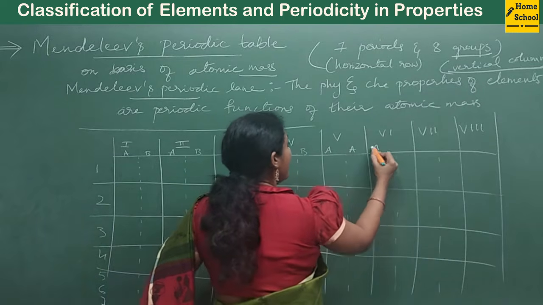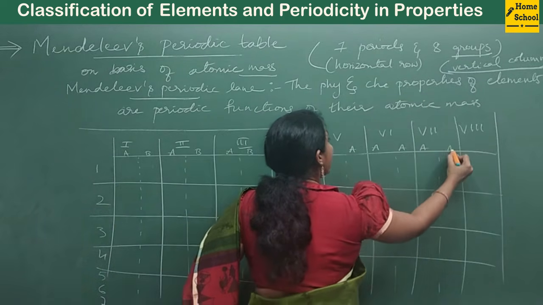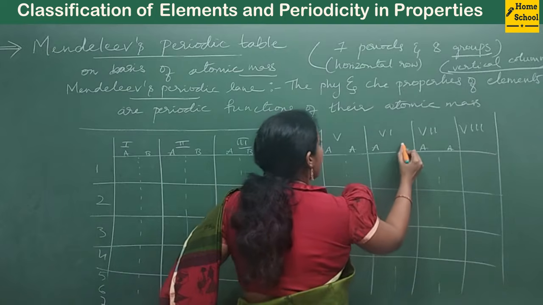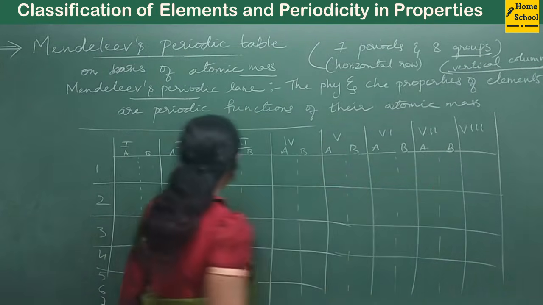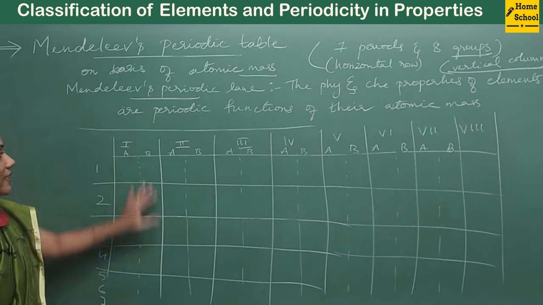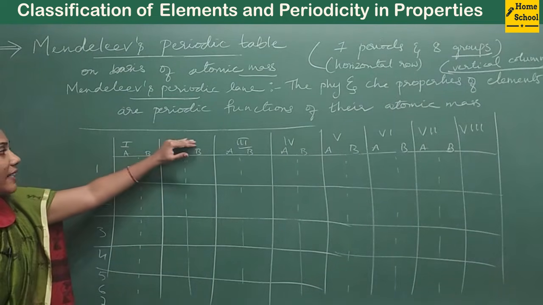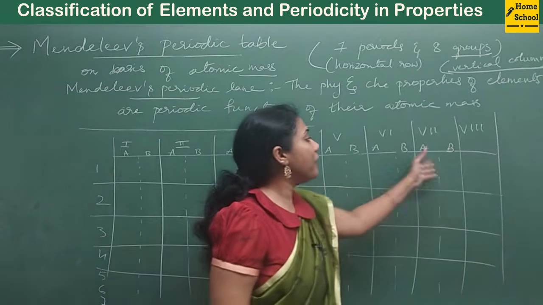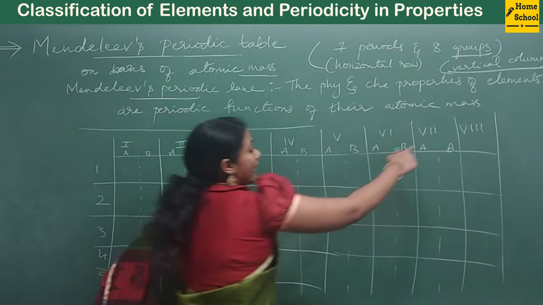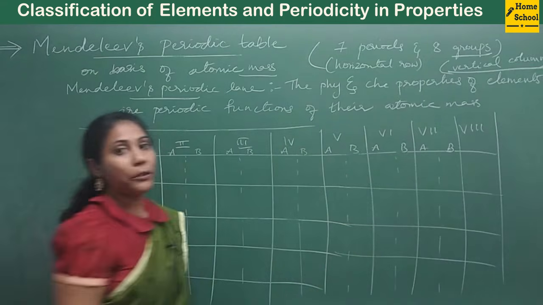So till 7 groups, each and every group is subdivided into A and B, whereas the 8th group will not have subgroups.